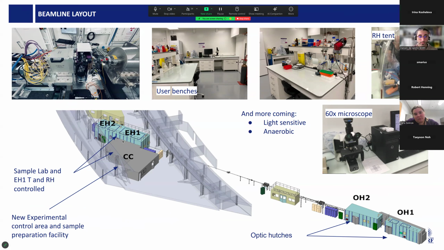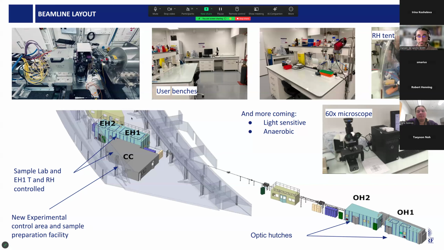Next to the experimental hutch, there is a sample preparation laboratory with different bench spaces, which is also equipped with a controlled humidity tent. And we have now equipped another surface for light sensitive samples with different colored light sources. We have received an anaerobic glove box, which we will also install in the sample preparation lab.